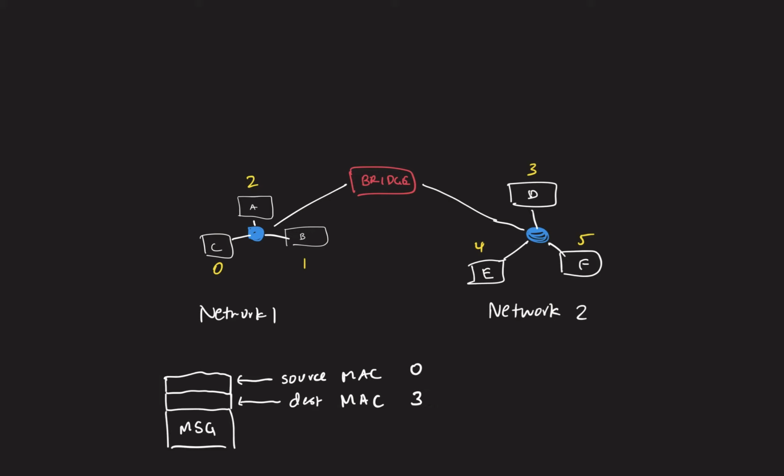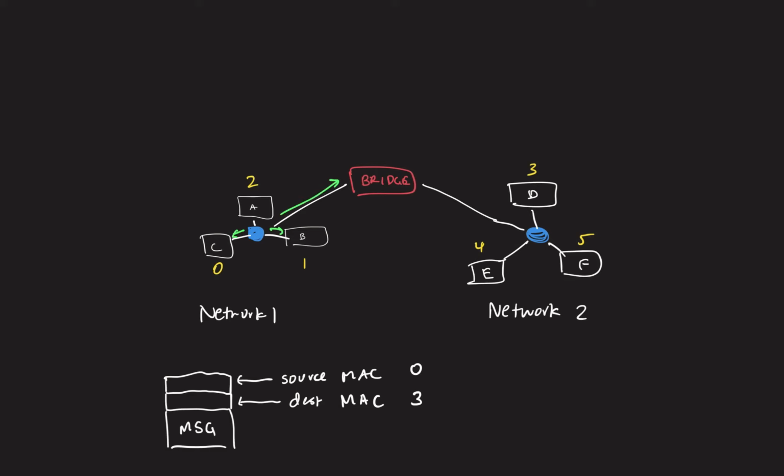Initially, say a computer on network 1, let's say computer A, wants to communicate to a computer on network 2, let's say computer D. To do this, computer A will send its message to the hub in network 1. The hub will then forward that message to computer C, to computer B, and also the bridge.